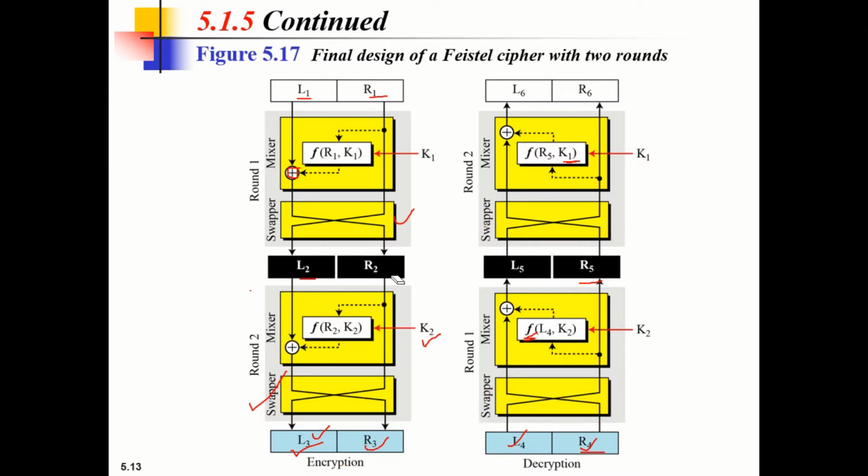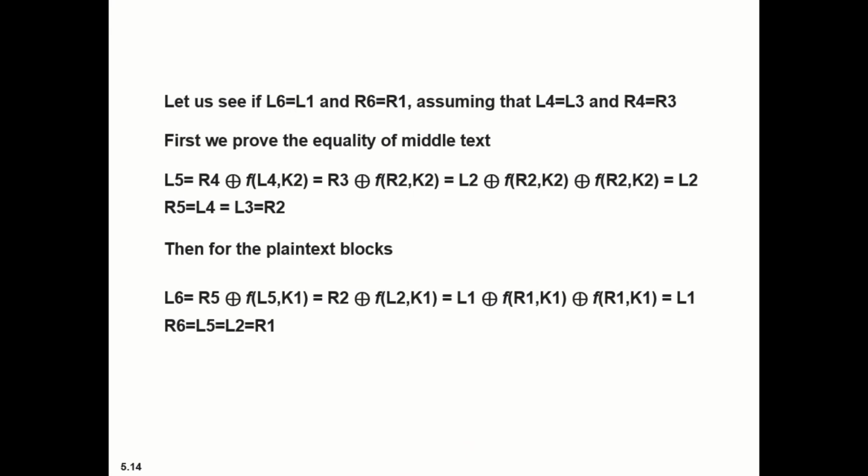So the expressions are just like the expressions which we discussed yesterday while discussing the improved Feistel structure, the second level of the Feistel structure. So I'll show you the expressions. So here are these expressions with which we can prove that the plain text which we have encrypted, we get the same plain text after decrypting it.